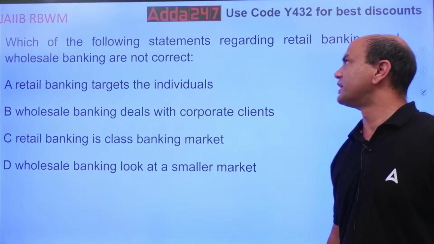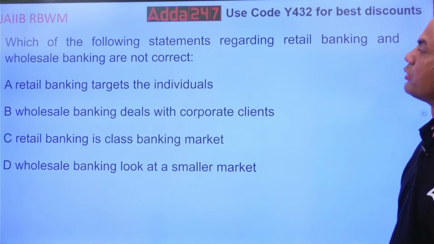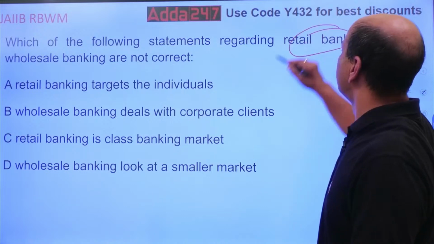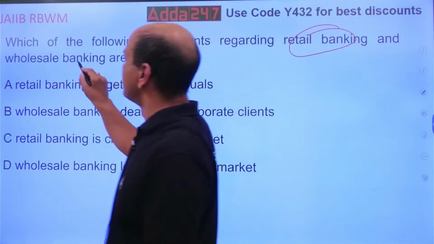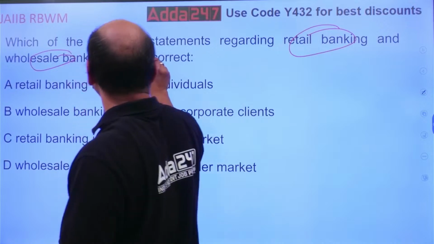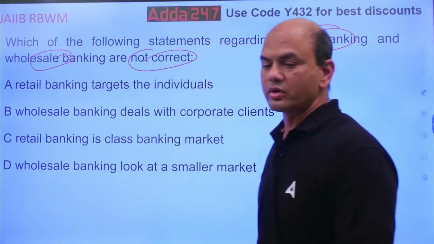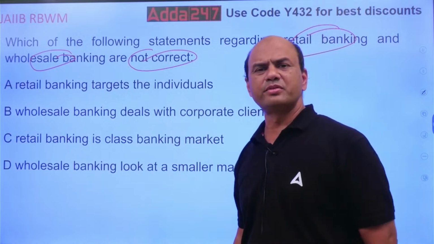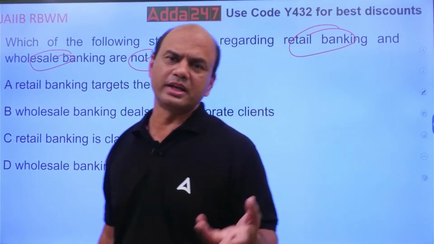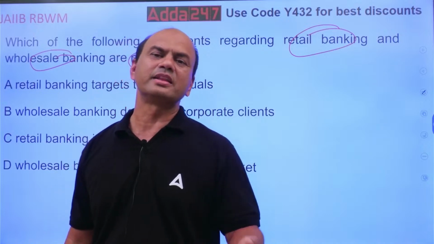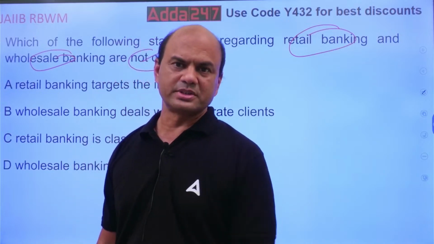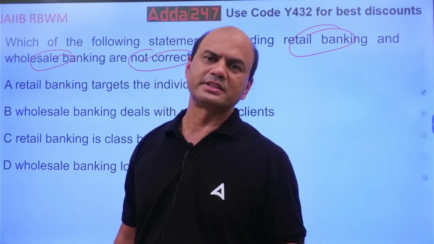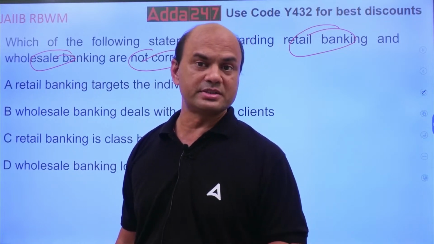Which of the following statements regarding retail banking and wholesale banking are not correct? Wholesale means corporate banking. You want the not correct one. Important words. Retail banking looks at your normal customers, retail customers, individual customers, and some of the companies, proprietorship, partnership, MSMEs.